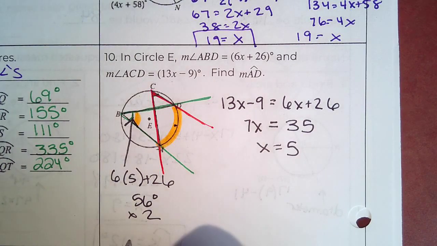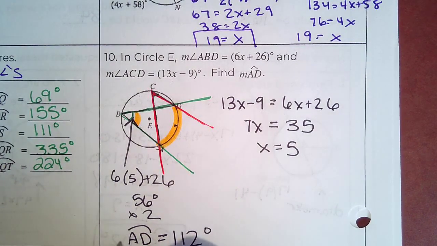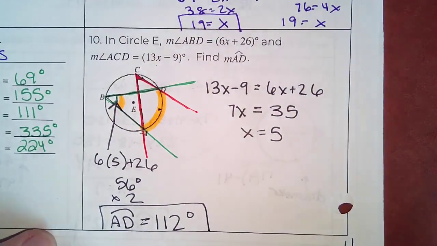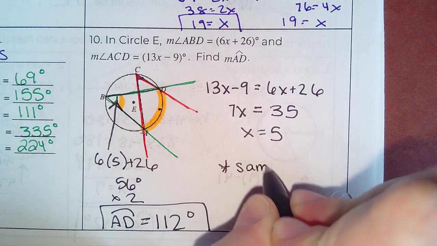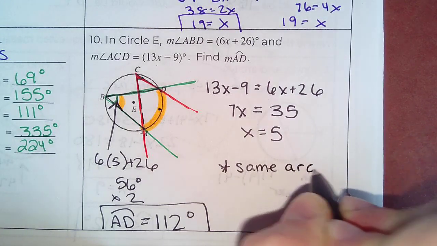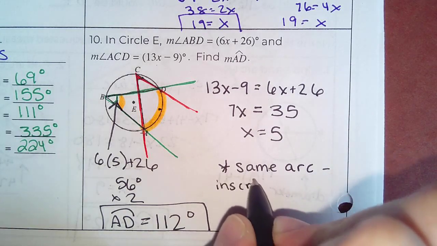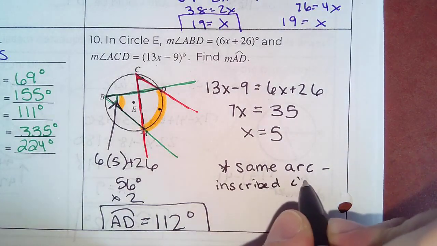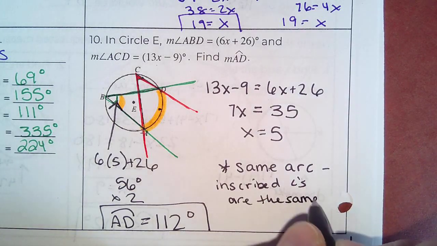So it's 112 degrees. So arc AD is 112 degrees. You may want to write yourself the note: same arc, inscribed angles are the same, or equal.